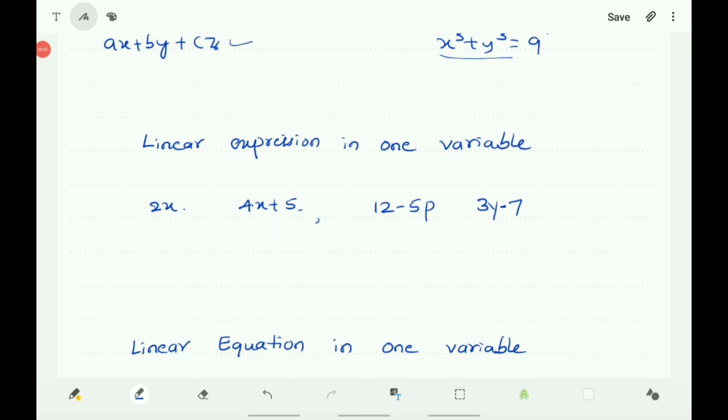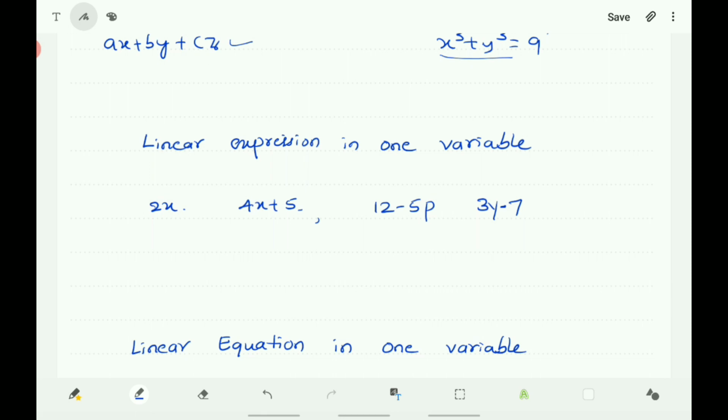Let us consider some more examples for linear expression in one variable. See here: 2x, 4x plus 5, 12 minus 5p, 3y minus 7. These are linear expressions in one variable.